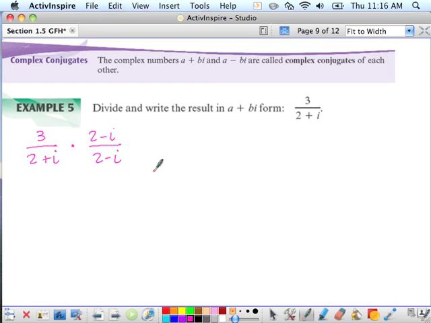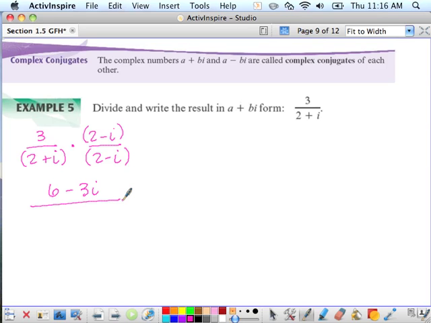Sometimes it helps people to put parentheses around all of the binomials so they don't forget to distribute anything. The top distributes to 6 minus 3i. That's just a monomial multiplied by a binomial. So you just distribute the 3 to each of those terms.